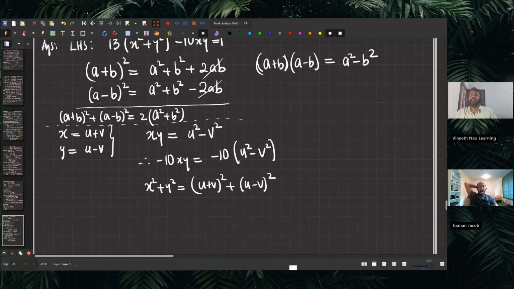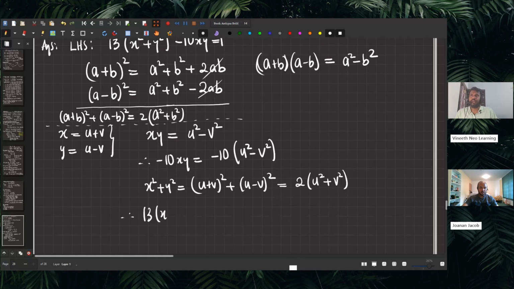So u plus v whole squared plus u minus v whole squared will be 2 times u squared plus v squared. Therefore, we have 13 right here.